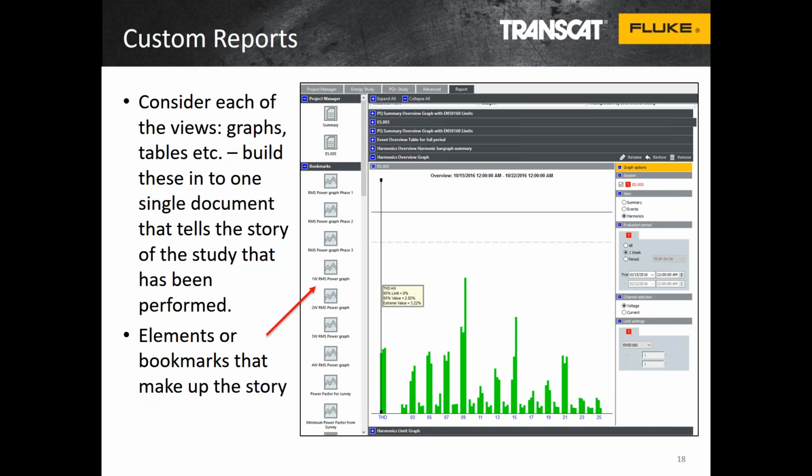Once we've been through the data and done the analysis, we walk through it and create a report like this, where we just drag over into the right-hand side which items we need, and we can build a report which can be 1 or 2 pages, or if you have somebody who needs to know everything, it can be many pages. It depends who your audience is. Always choose what's going to be meaningful for the audience that you're going to share the report with.